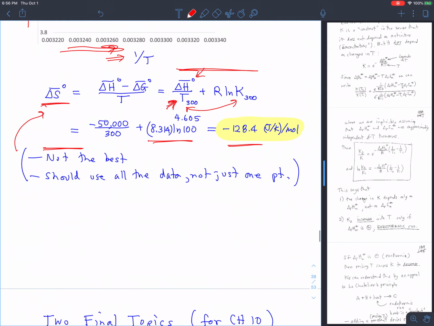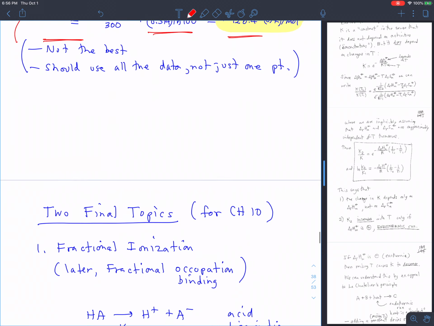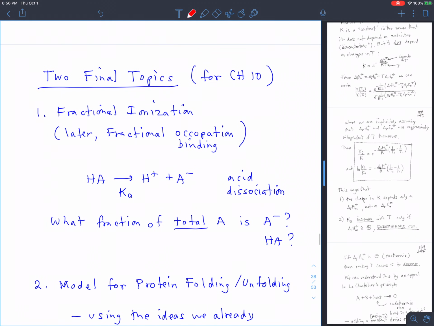All right, that is it for the main topics of Chapter 10, but there are 2 extra topics that come at the end, and I think they're valuable for a variety of reasons. Those 2 topics are, first of all, using what we know to calculate what fraction of an acid or a base is ionized, and we'll see why that's useful when we get down to the actual example below.